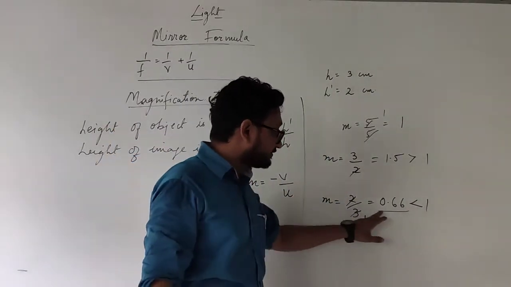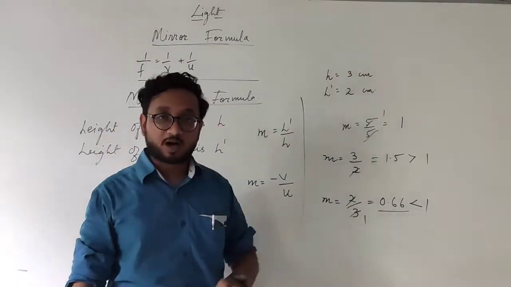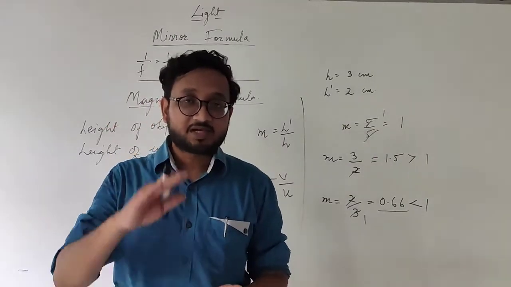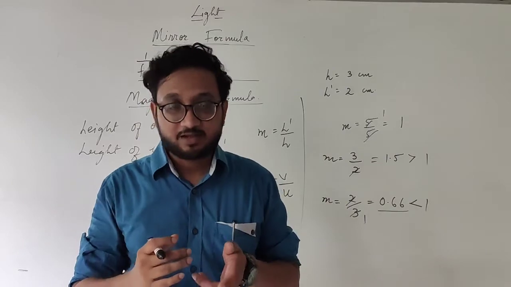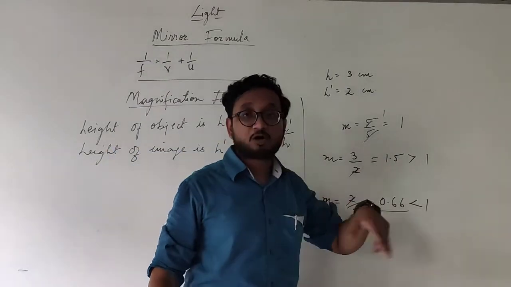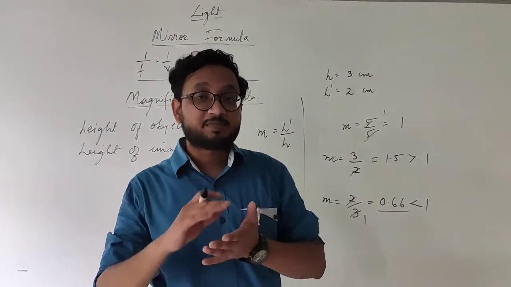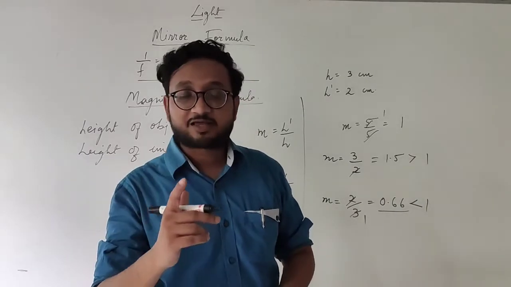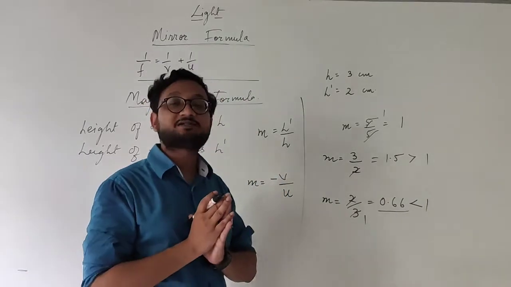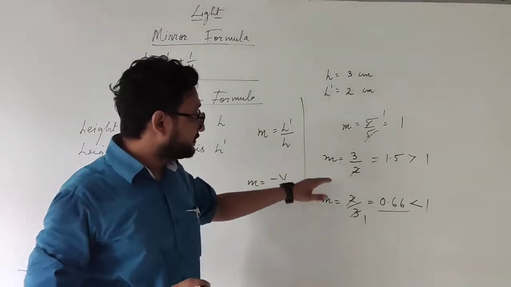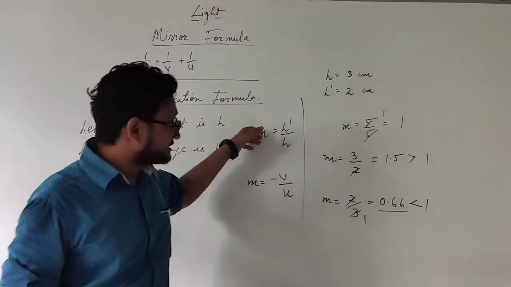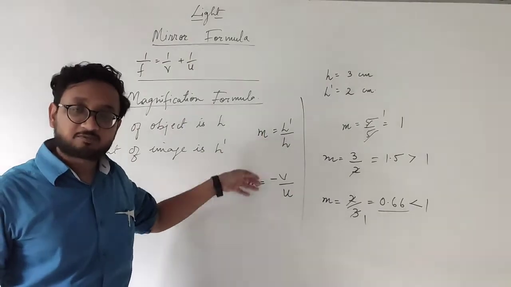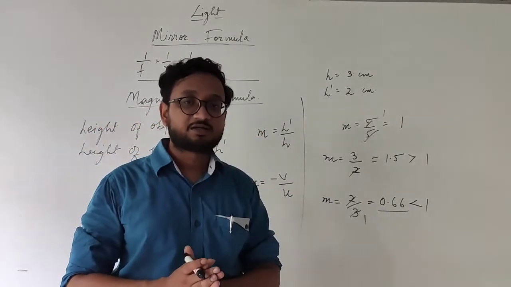Whenever you get the magnification less than 1, it means that the image is diminished, that means smaller than the object. And if you get the magnification more than 1, that means the image is enlarged, larger than the object. Quite simple actually. And this will be very helpful once we solve the numericals. We will solve the example using both of these cases.